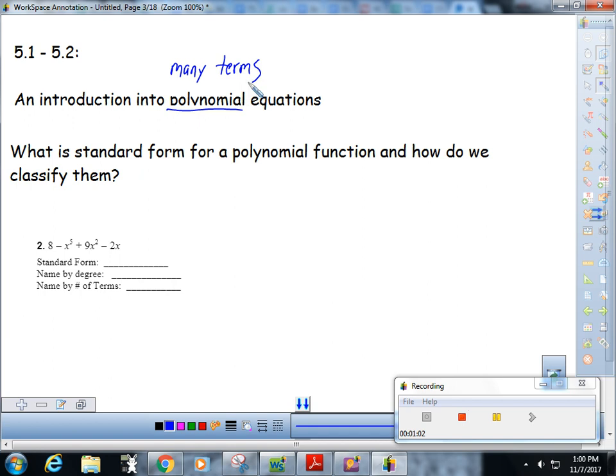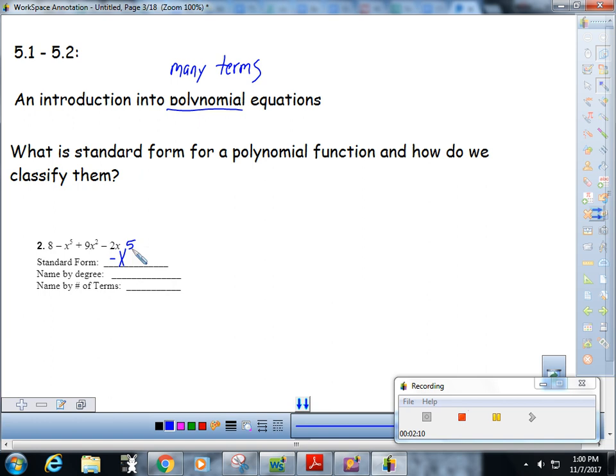So what is a polynomial equation? You've already been doing these. It's an equation with more than one term. You just got done doing polynomial equations, but now what's different is we're going to get higher than x squared. Okay? So first, what does it mean by standard form? Standard form means you need to write the terms from highest power to lowest power.